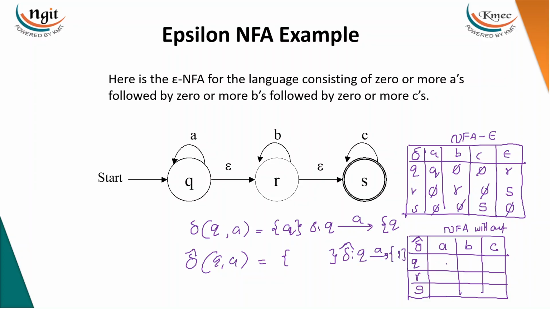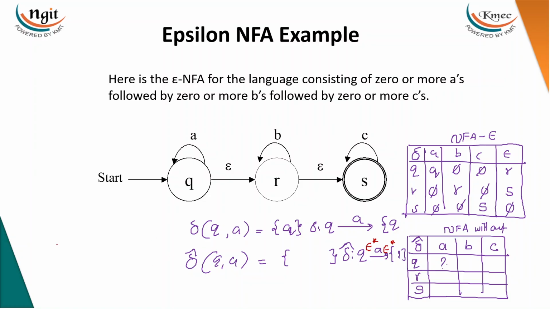What is the difference between the transition and extended transition? You have to write the epsilon closure after and before every input symbol. That's the only difference between transition and extended transition.